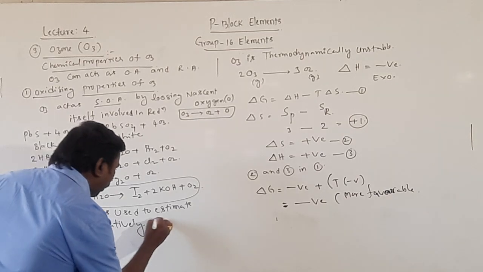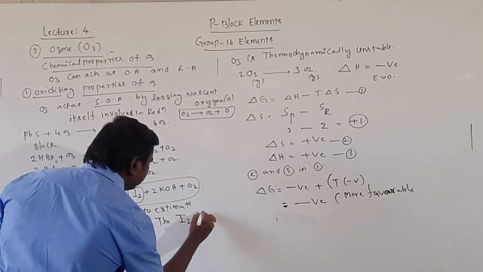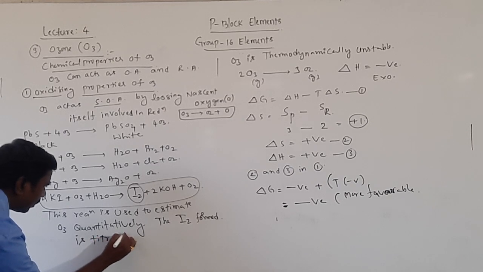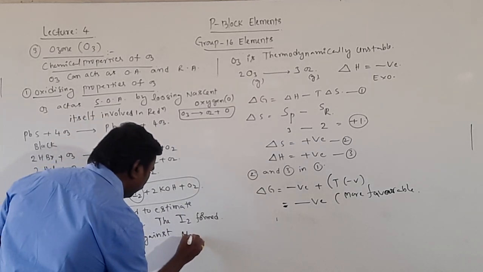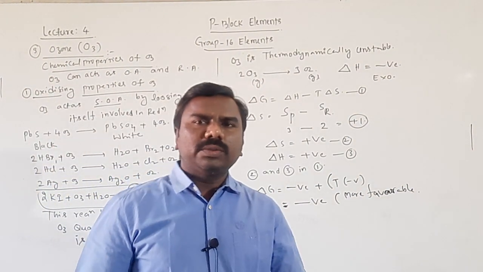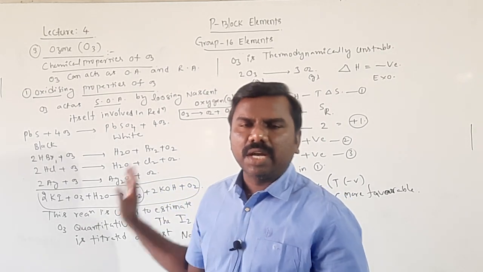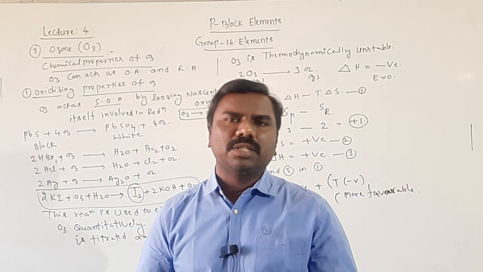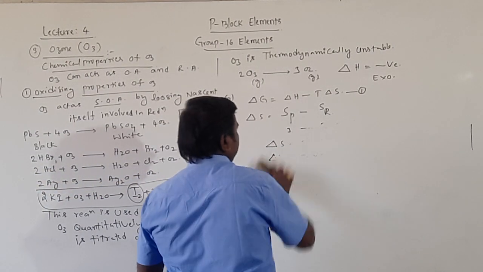The iodine formed in this reaction is titrated against Na2S2O3 hypo solution. It means ozone is estimated by reaction with KI, which forms I2. That I2 will be titrated against Na2S2O3. By that reaction we can estimate the ozone quantity.